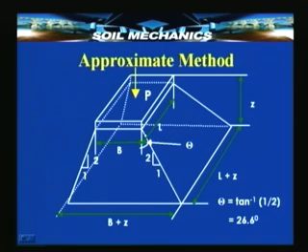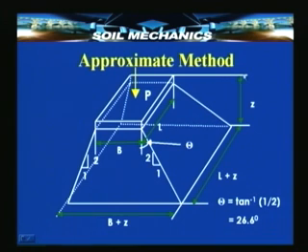So, if we take this as the distribution line, then at any depth z below the foundation, from the top to the bottom, because of this distribution, this length becomes L plus z and this length becomes B plus z.